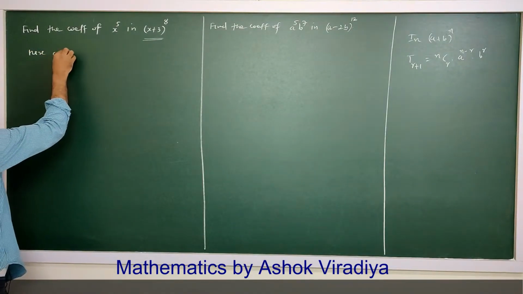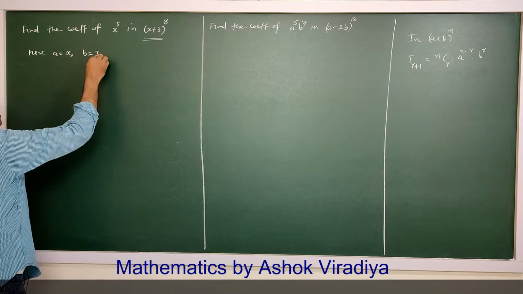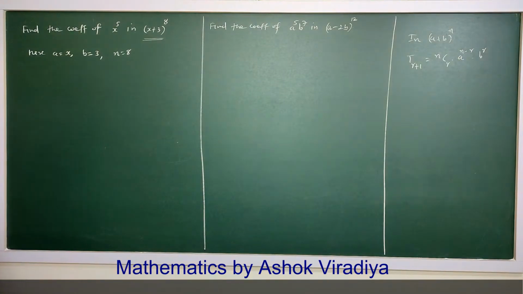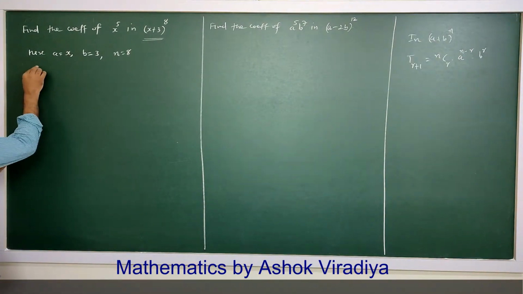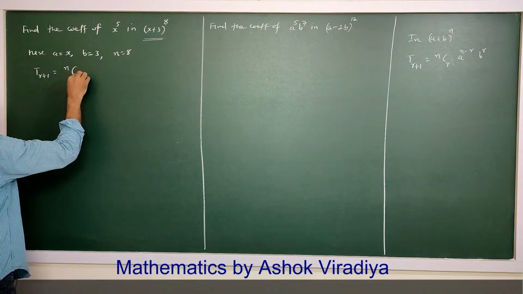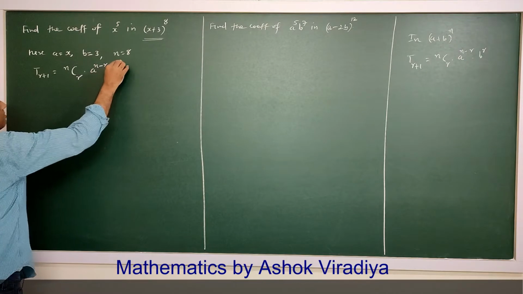So here a is x, b is 3 and n we are taking 8. So the formula for the r plus 1th term is nCr a raised to n minus r, b raised to r.